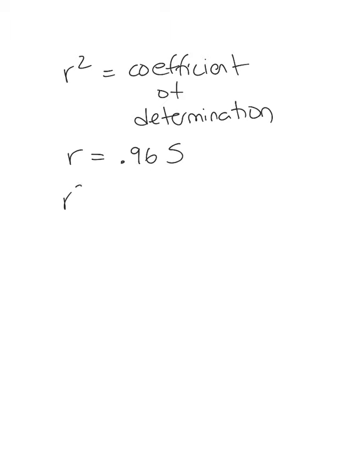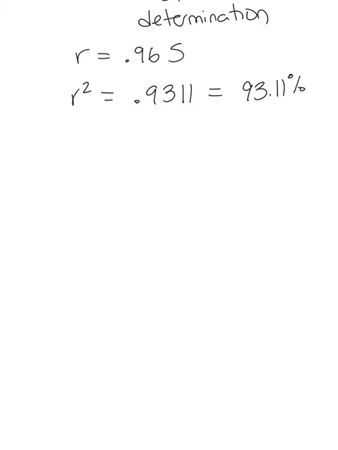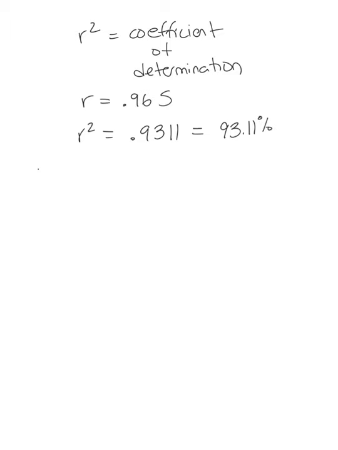If we square that r, we get a value of 0.9311. This can also be multiplied by 100 to yield a value of 93.11%. So what does this tell us in terms of the question that we started with?